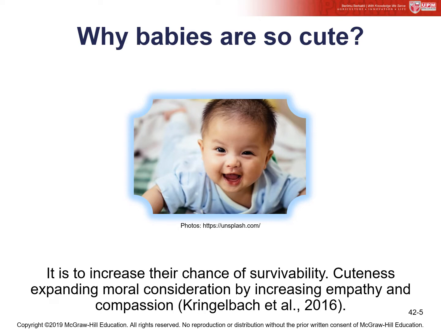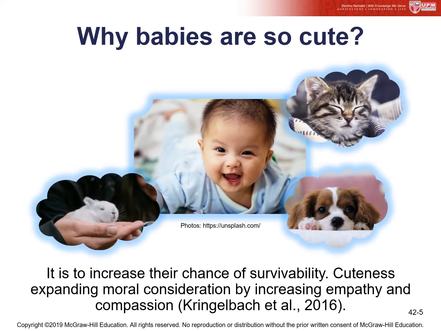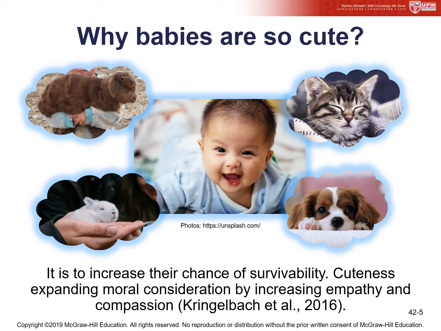The cuteness is a type of protection towards the baby. It's not only for humans but also applies to every single animal, for example kittens, puppies, bunnies, and also kids. So we are not actually discussing the cuteness. We are more discussing the development of the infant on this topic.